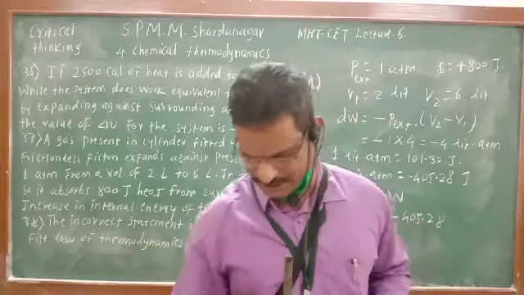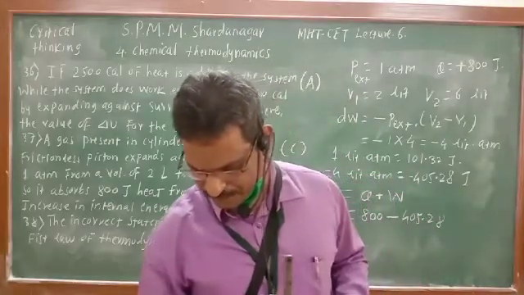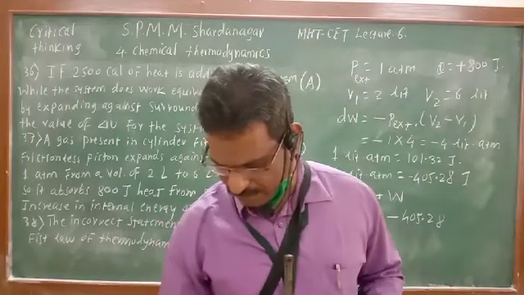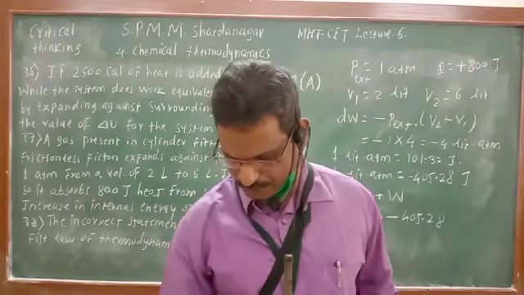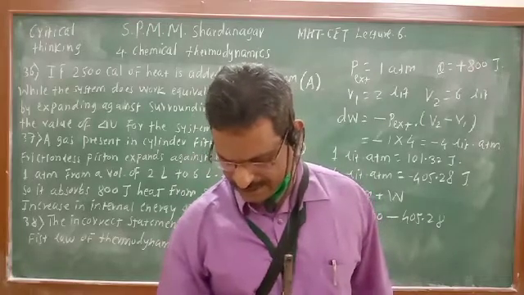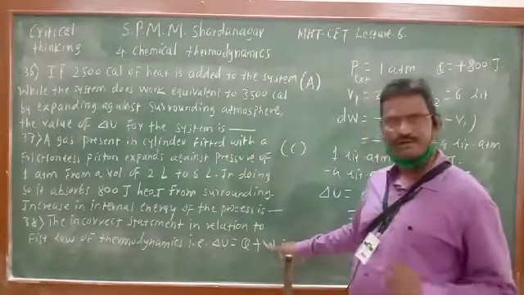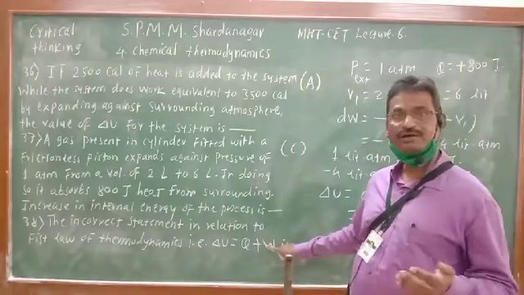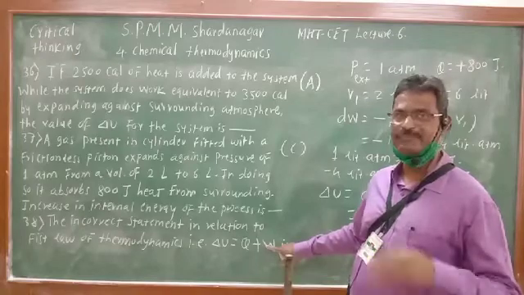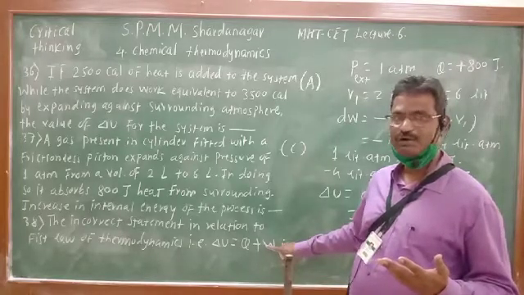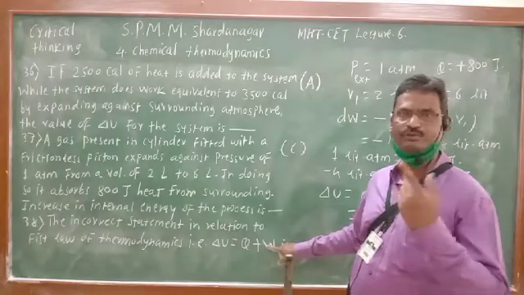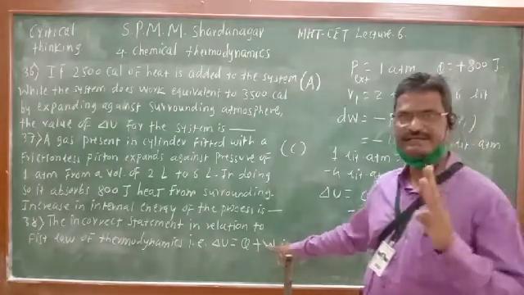Now option C is if work is done on the system, W is positive, and if work is done by the system, W is negative. That is also correct. Plus W means work done on the system by surrounding, and minus W means work of expansion, work done by system to the surrounding. So option C is also correct.